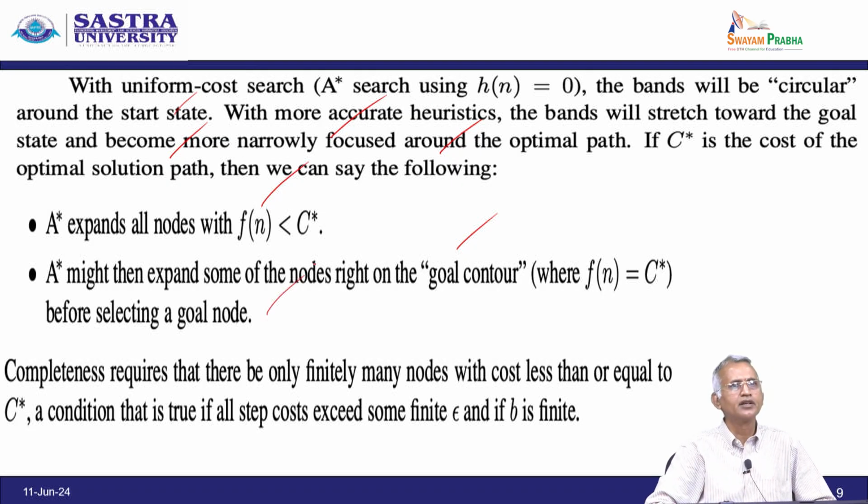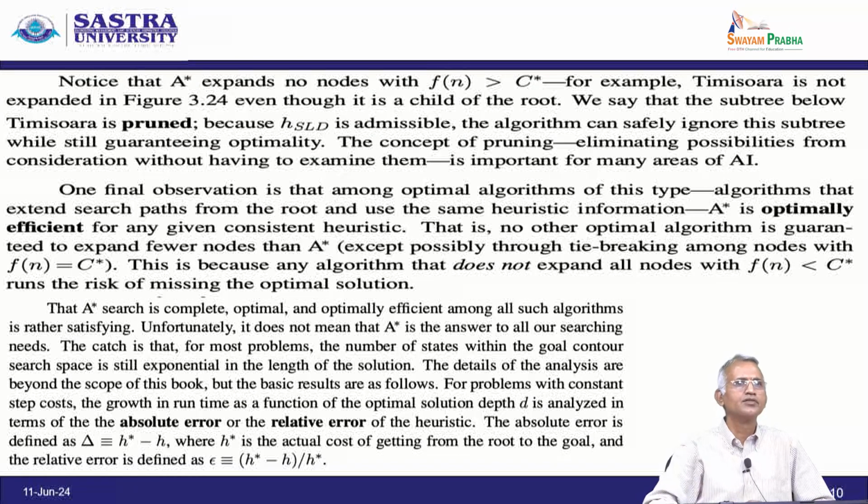Therefore, completeness requires that there be only finitely many nodes with cost less than or equal to C star. That condition is true if all step costs exceed some finite epsilon and if b is finite. Notice that A star expands no nodes with f(n) greater than C star.